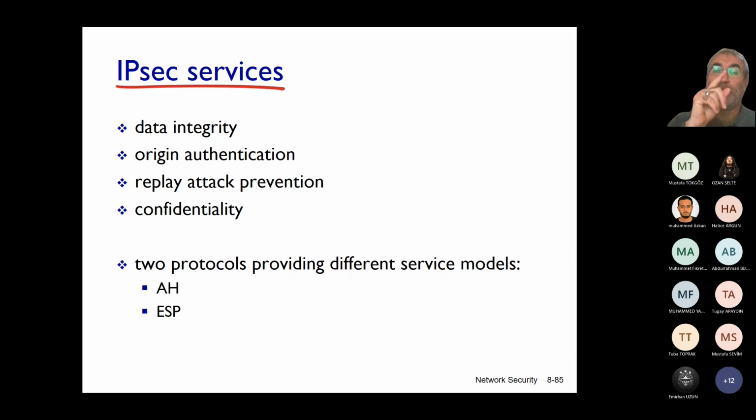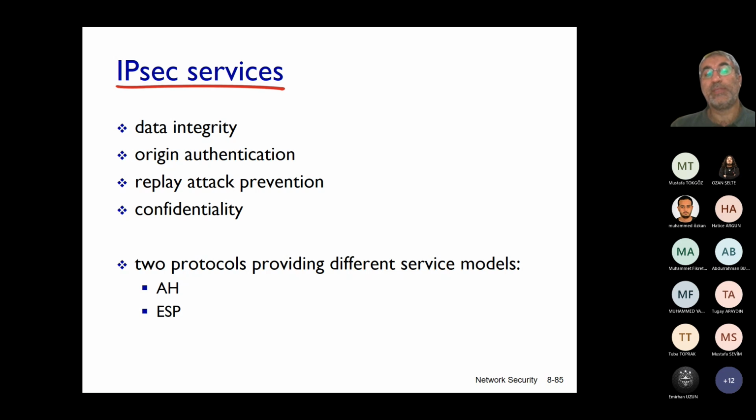So that's why we need to send the exact number without any corruption. So IPsec provides this data integrity and origin authentication, and it has some prevention against replay attacks. So it can prevent this kind of replay attack, and also it can provide confidentiality.